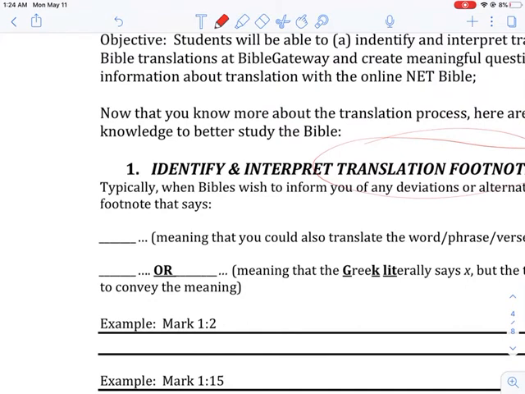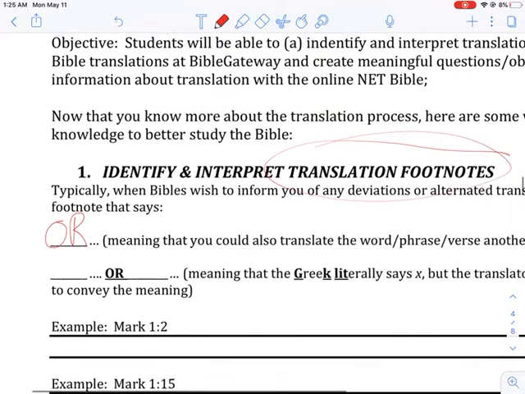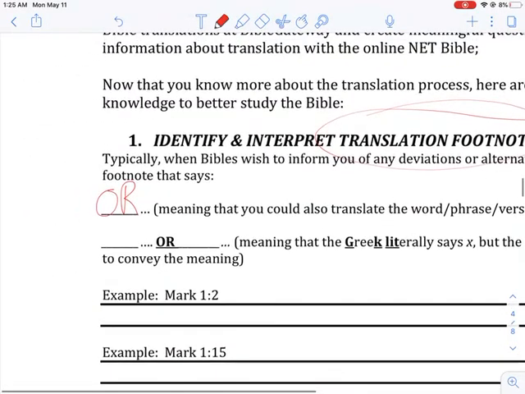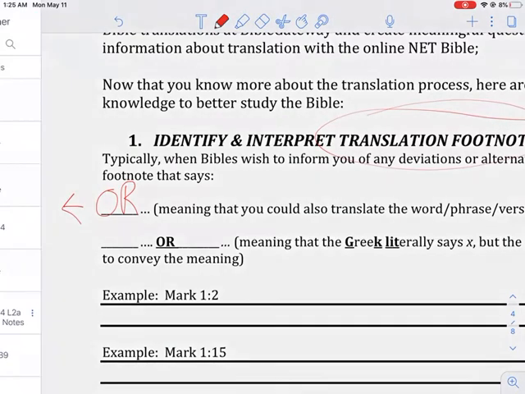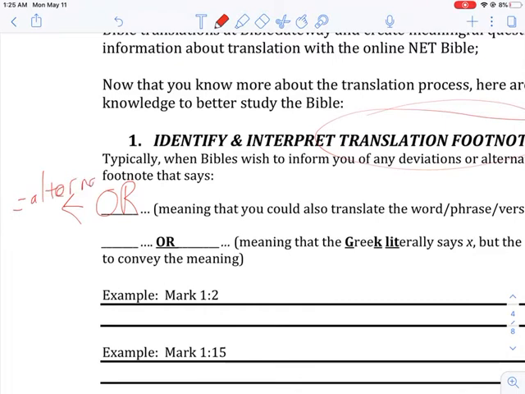There's text critical footnotes, there's extra information footnotes, but for translation footnotes, the words will either say "or" with all capital letters, and that's called an alternative translation footnote, meaning that you could translate it this way or that way.